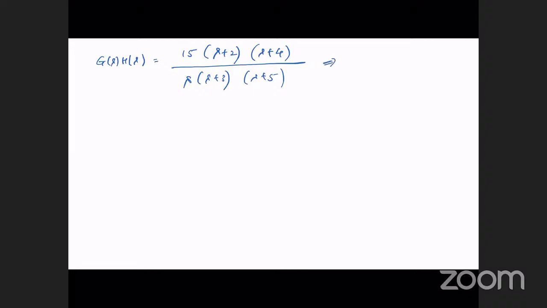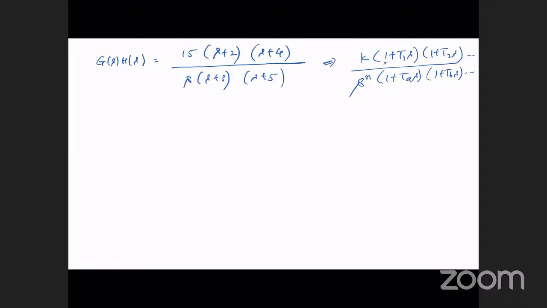If you remember, last time we had K into (1 plus T1 s)(1 plus T2 s) whole divided by s to the power n. It is 1 plus Ta s, 1 plus Tb s, and so on. Can you see that each and every bracket starts with a standard term, 1 plus something? It is not like that here.